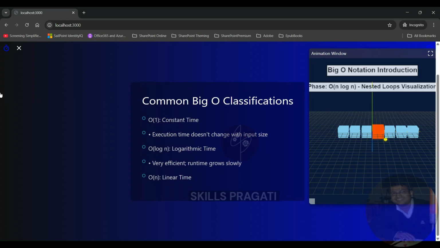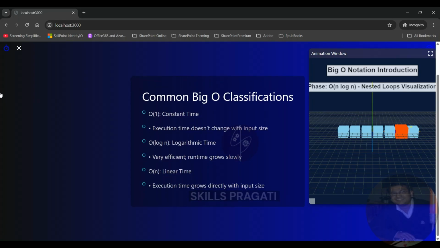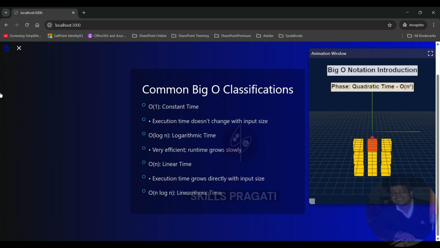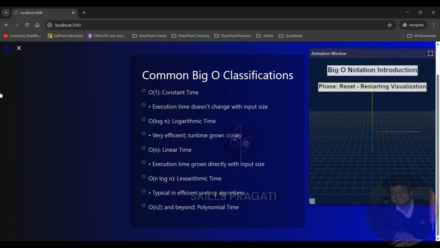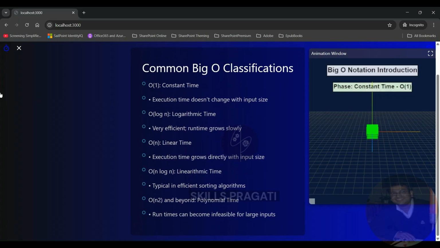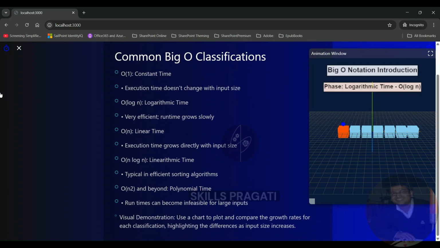The execution time grows in direct proportion to the input size. O(n log n), linearithmic time. This classification is typical for efficient sorting algorithms. O(n squared) and beyond, polynomial time. For these, the runtime can become infeasible as the input size grows very large. As you see in this animation, the behavior of each Big O Notation.